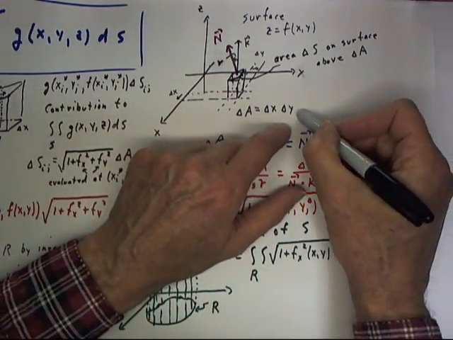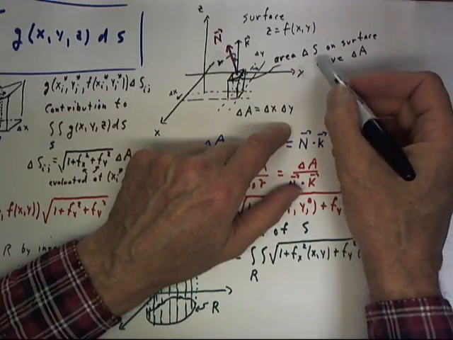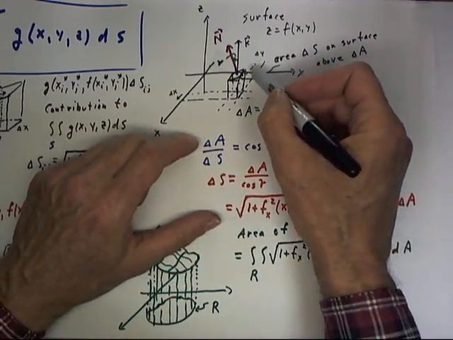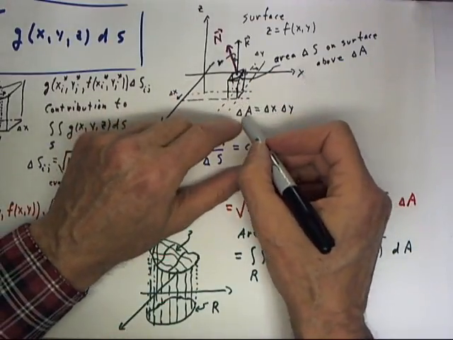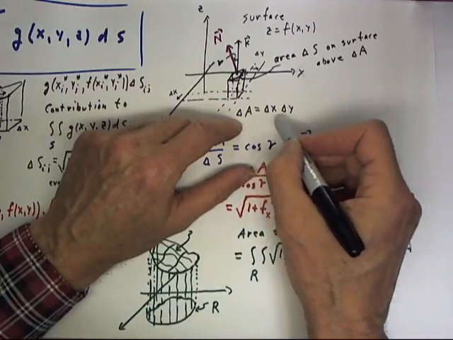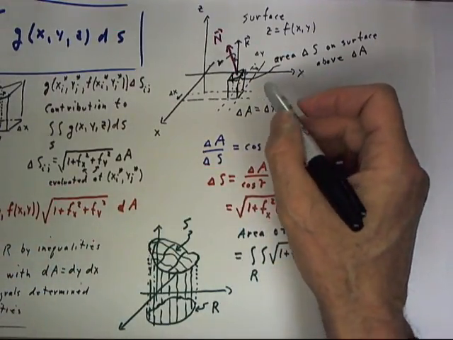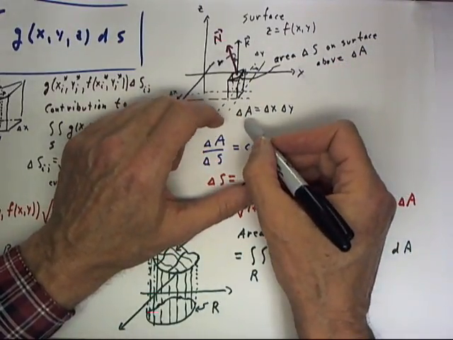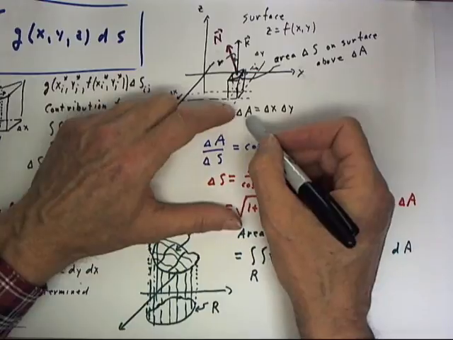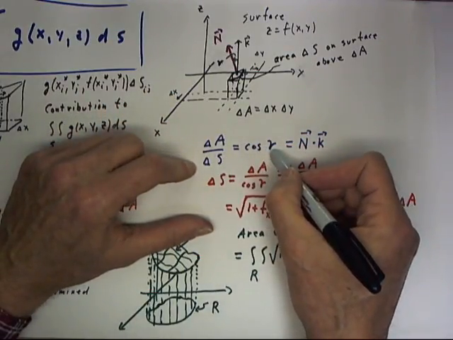And we also know, and if you don't know this right off the top of your head, you're going to want to review it, that the area of this region up here on the surface, lying directly above or below this delta A area here, will be in a ratio to delta A. We have delta A over delta S equal to the cosine of gamma.